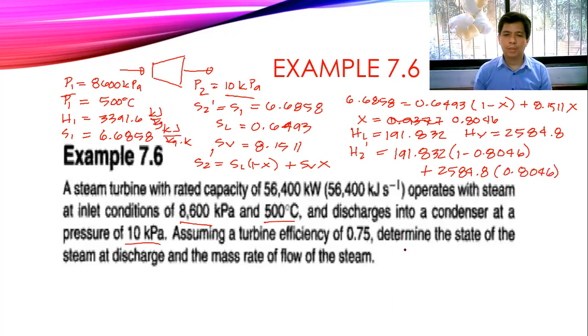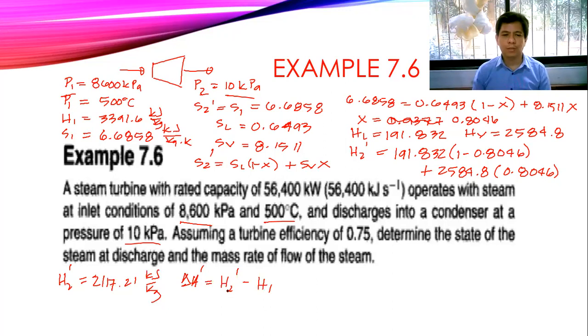So H2 prime is 2117.21. So this is in kilojoules per kilogram. Okay, if you have this value, you can now calculate delta H prime. Diba? Delta H prime is simply equal to H2 prime final minus initial H1.